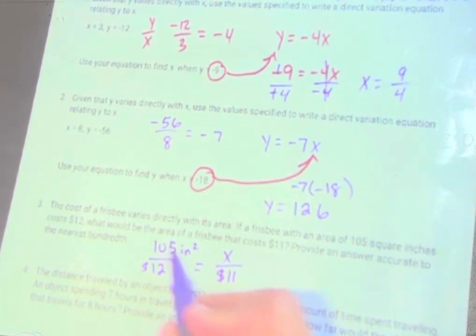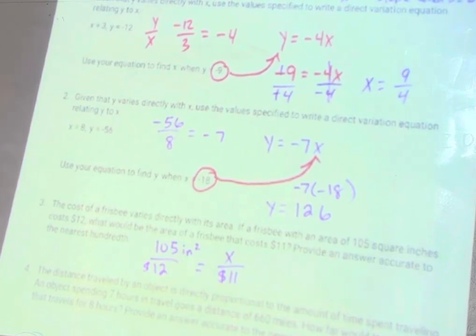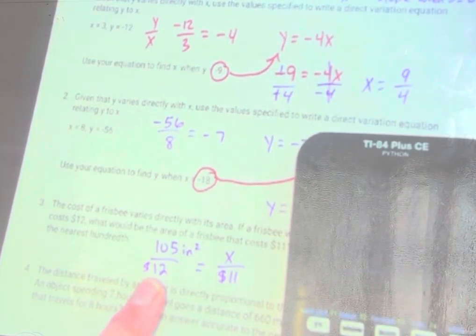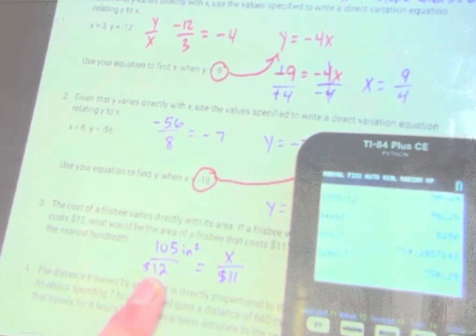So you're going to do 11 times 105 and then divide by 12. So 11 times 105, press enter, and then divide by 12. And I got 96.25.